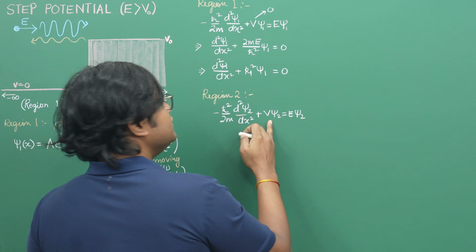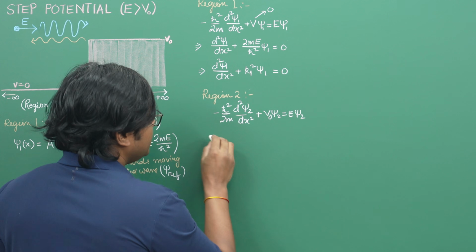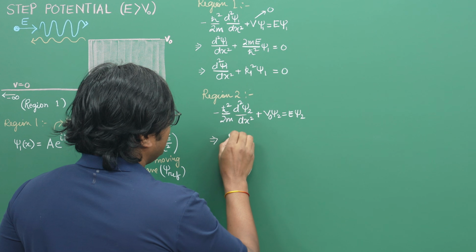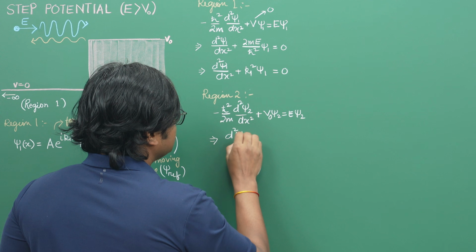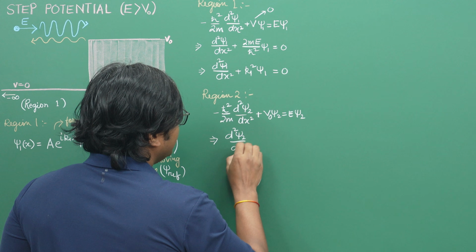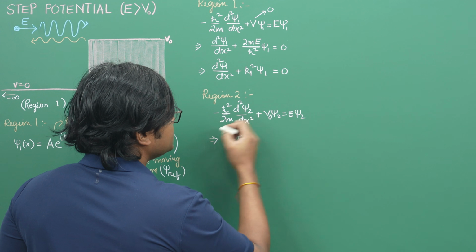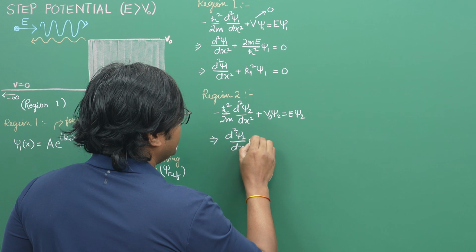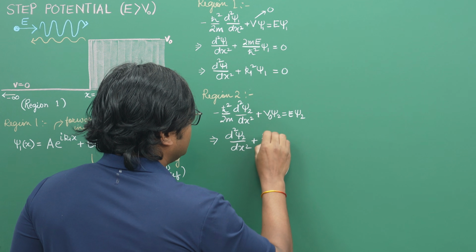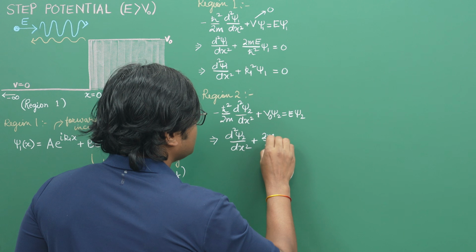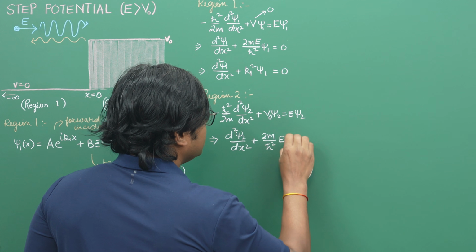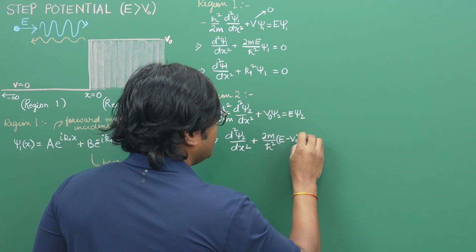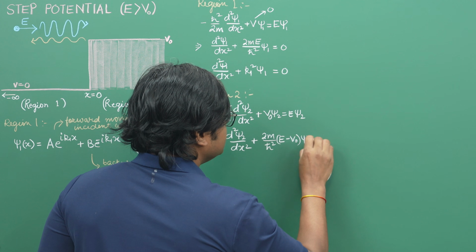So what is V in region number 2? It is V naught. So this simply becomes d2 psi 2 upon dx2 plus 2m upon h cross square (E minus V naught) psi 2 is equal to 0.